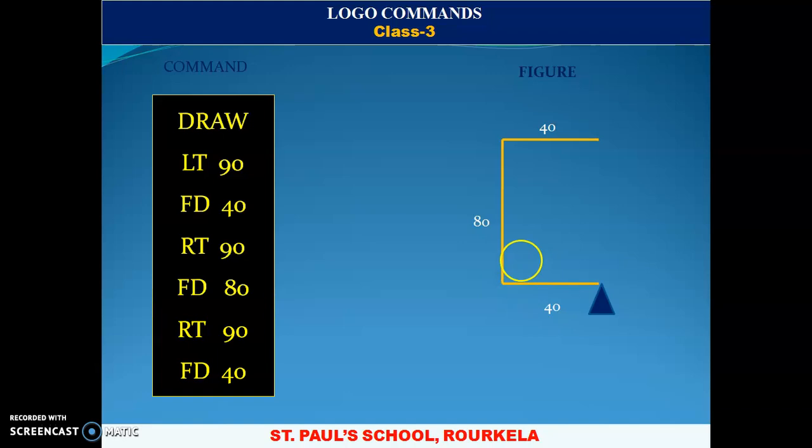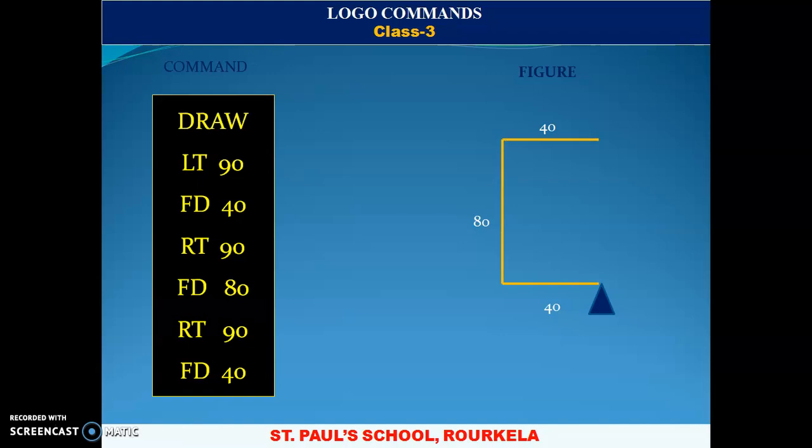When you come to this position, again you think whether the line you have to draw is on the right side or left side. So when your turtle is in this position, this line is on the right side. So you have to use the RT command. It will turn the turtle this way. Then use FD80. It will move the turtle to this position and draw the line.